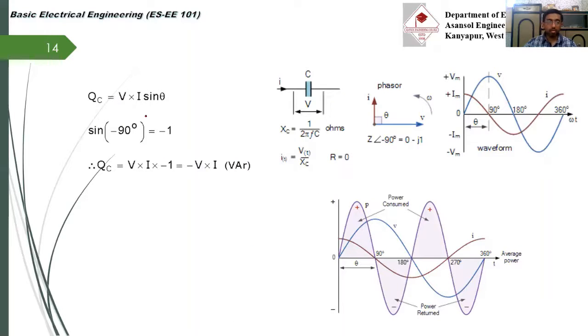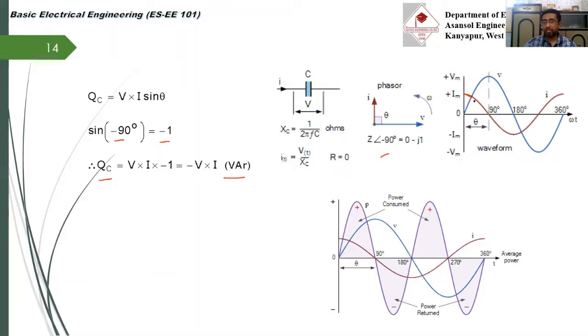Correct? Now, as I said earlier, for only a capacitor the angle is minus 90. So your total QC, that is the capacitive reactive power, is minus V into I VAR. So here you can see the waveform and everything. Clear?